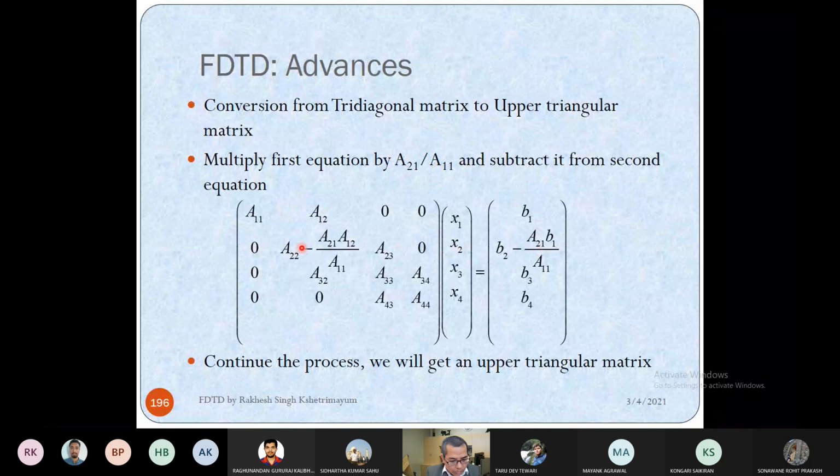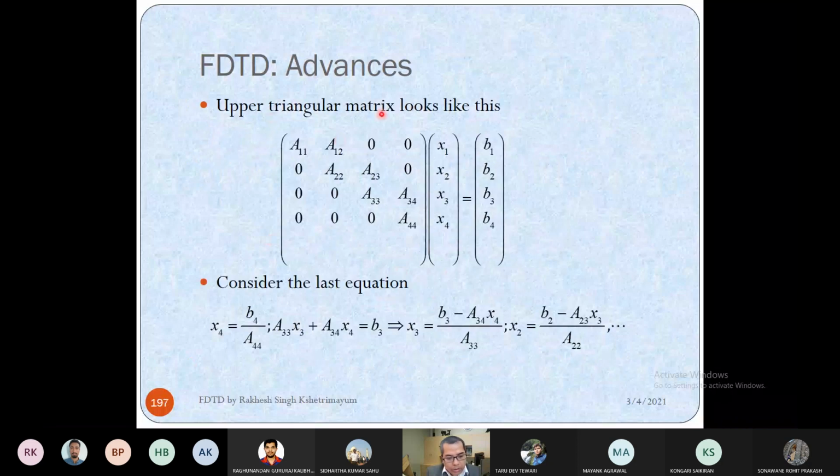Similarly, you multiply the first row with some quotient, then make sure that this is 0, and so on. That's a simple method you usually do in matrix calculation. If you want to make the matrix upper triangular, you will have to make all these terms below the diagonal 0. You continue that, and finally we'll make an upper triangular matrix which looks like this. All the lower triangular matrix elements have become 0.